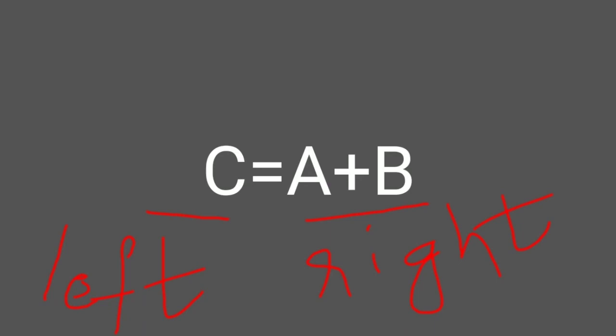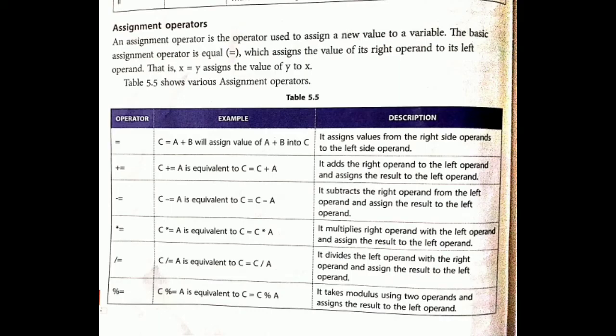Whatever value gets added in a plus b will be assigned to our variable c. That is the function of equal operator. Look at the description given for equal operator: it assigns value from the right side operand to the left side operand. This is the function of equal operator.